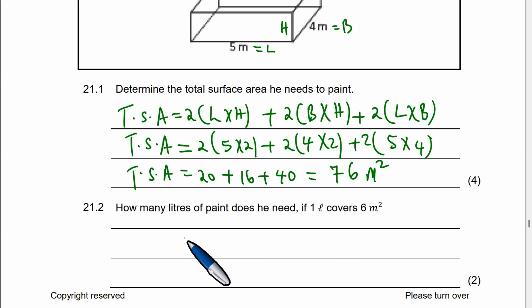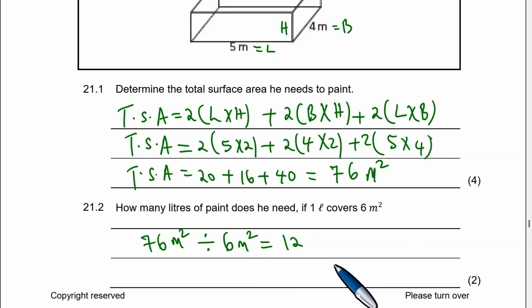On average, because it's 76 square meters, you divide that by 6. What's the answer to this? 12. You're getting 12.